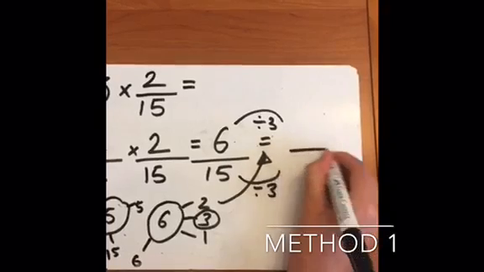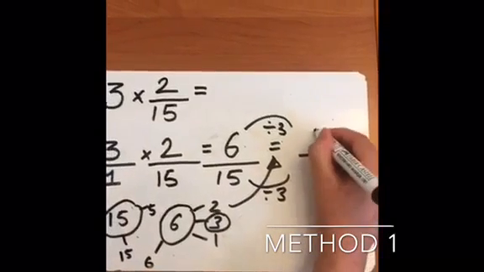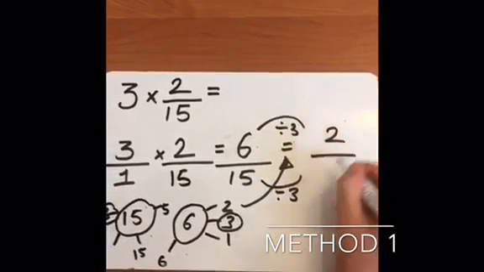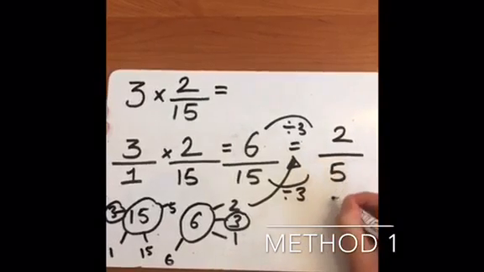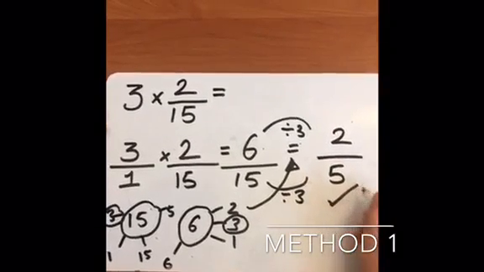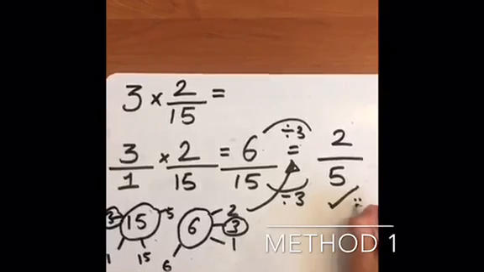Now 6 divided by 3 equals 2, and 15 divided by 3 equals 5. So our answer is 2/5.